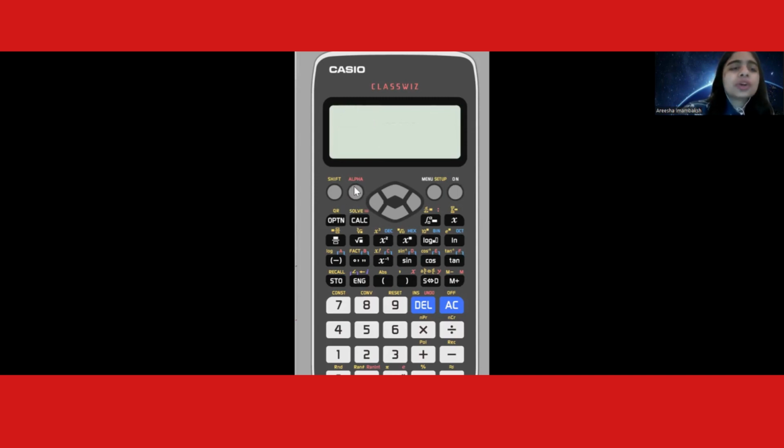Yeah, so it got stored and then alpha D. Wait. Yeah. So you'll get that value. So you can do plus, minus, multiply, whatever function you want to use. You can just use the variable, and in that variable, that specific value is stored.